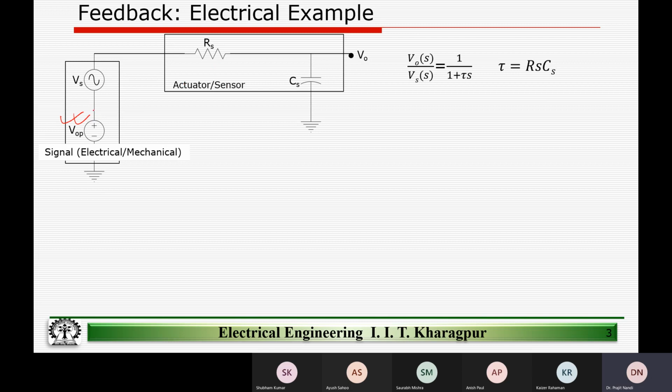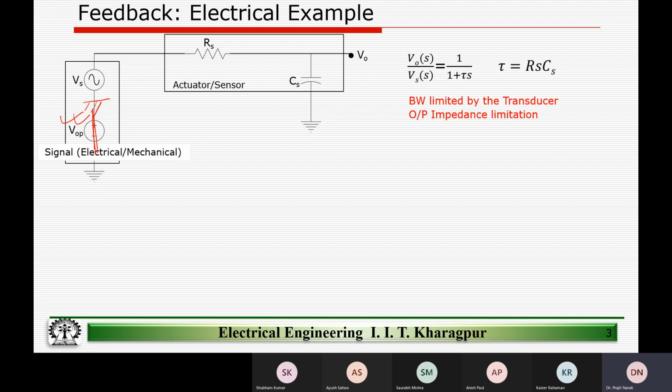Once that is done, for our small signal analysis, we can short this voltage and assume that we are applying only the signal source Vs, and in response we are getting an output voltage V0, right? So V0 by Vs is 1 by 1 plus tau s, right?